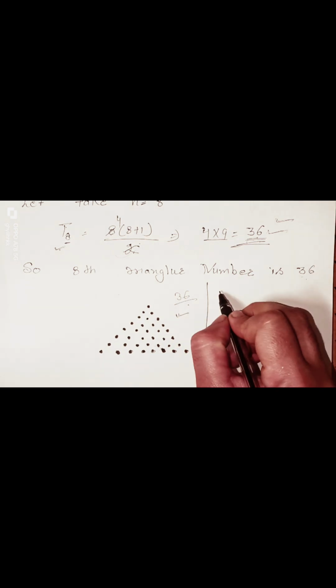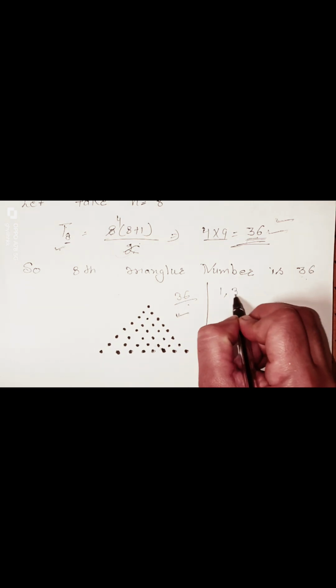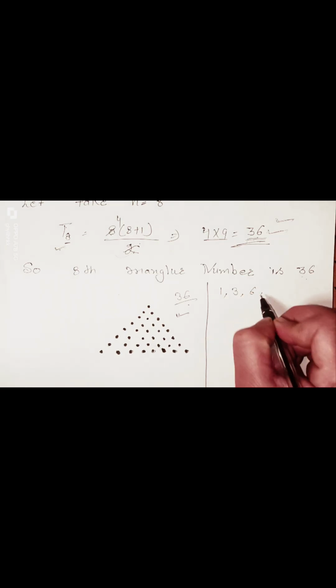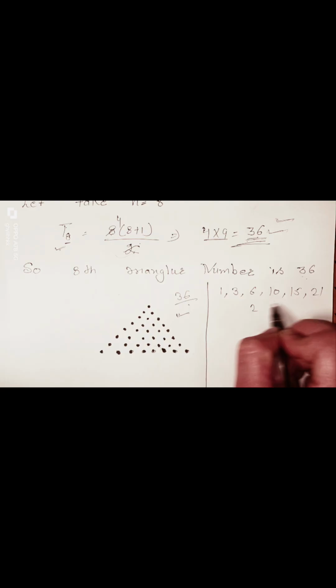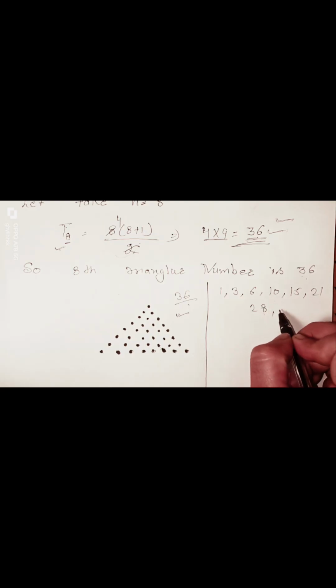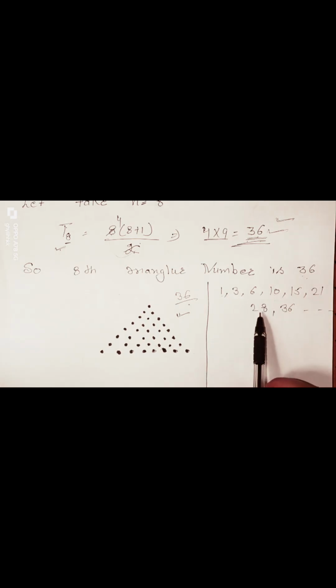Come on the sequence: the first triangular number is 1, second is 3, third is 6, next 10, 15, 21, next is 28, next is 36. So 1, 2, 3, 4, 5, 6, 7 and 8. The 8th number is 36.